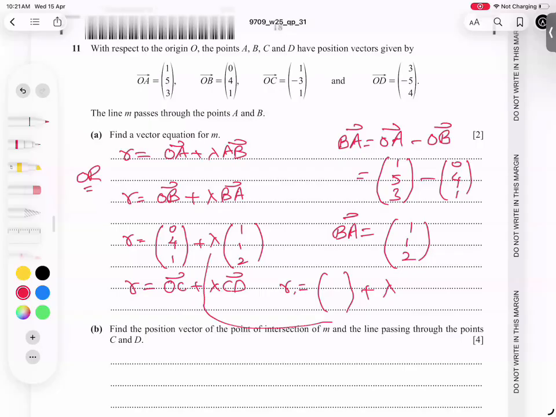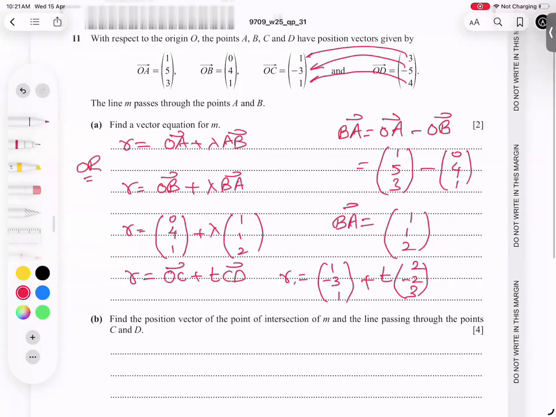Lambda is already used, so I'm using a different variable here. I can use t, I can use mu, no problem. I use t here. OC is what, students? It is (1, -3, 1). And CD, you know very well, is OD minus OC. So 3 minus 1, I'm getting 2. Minus 5 plus 3, I got negative 2. And 4 minus 1, I get 3. I think this part is clear.